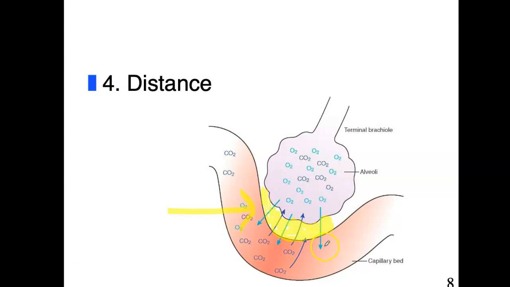Well, what if you have some sort of pulmonary edema and you have lots of fluid in this area? Then you have this big barrier, and this distance that it has to travel could be increased, and it also could be way more difficult because now you have more fluid in this area that shouldn't be there. So distance matters.